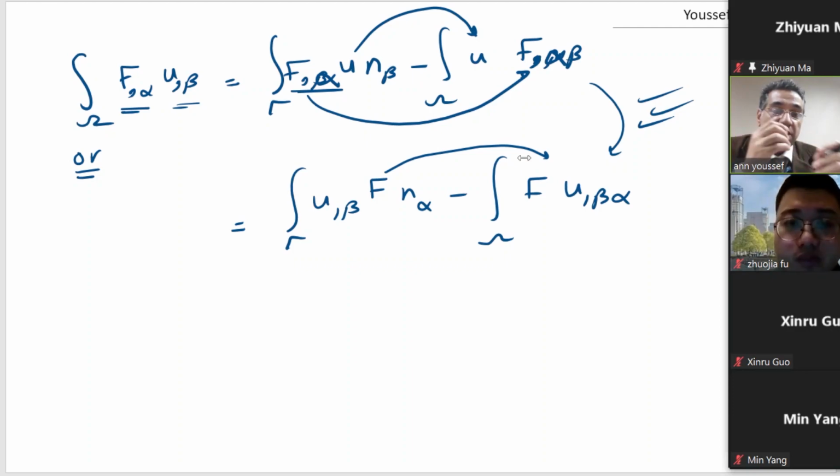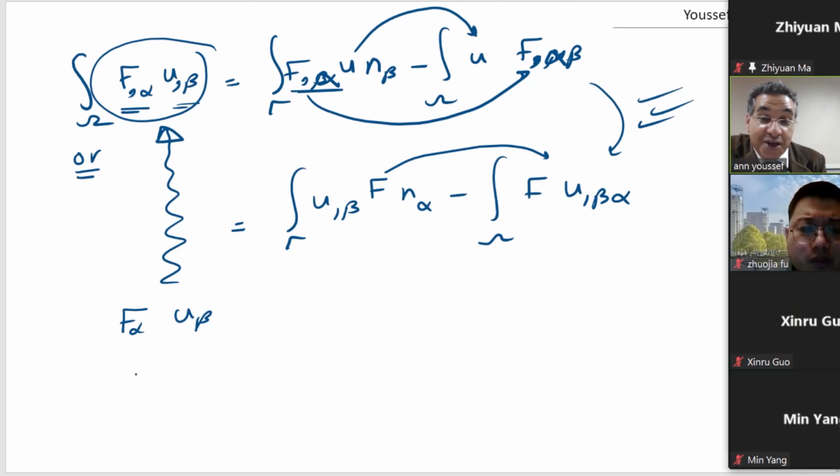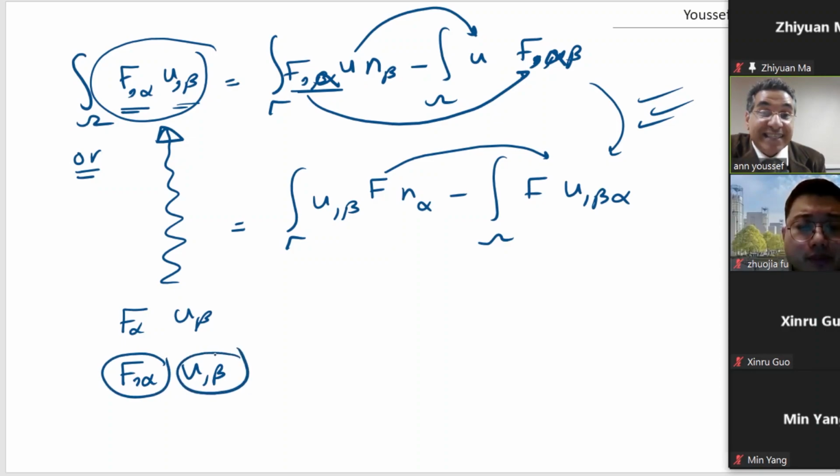We will play with these identities in boundary analysis. Be careful. Here, in order to be able to use integration by parts, I didn't write f alpha and u beta. No, I put f comma alpha and u comma beta. So what I need is potentials. I need the derivative of a function.